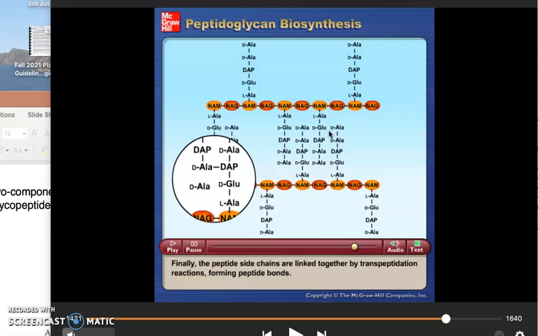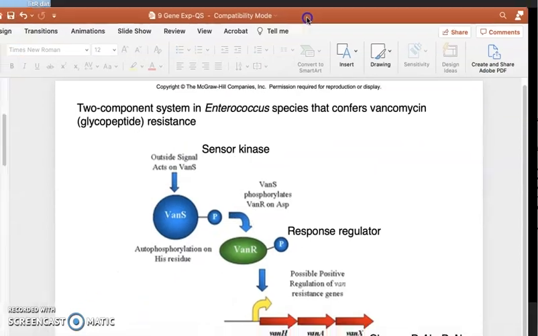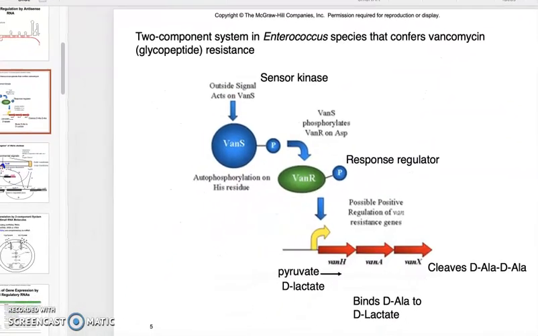That's basically the mechanism of action of vancomycin, and it's very similar to the mechanism of action of penicillin as well. But the point is, the VAN operon that I showed you modifies this terminal alanine so that, as I show you here, it becomes a lactate.